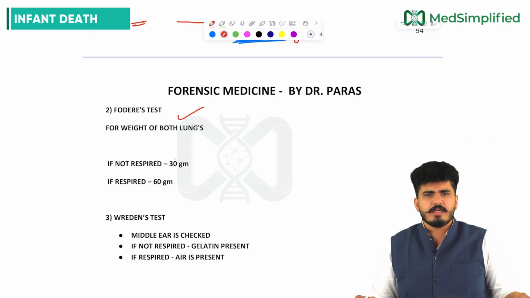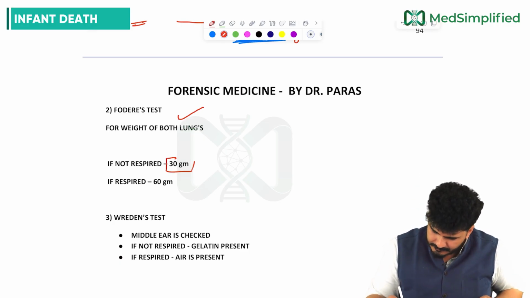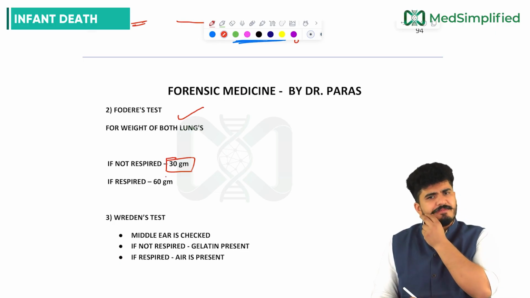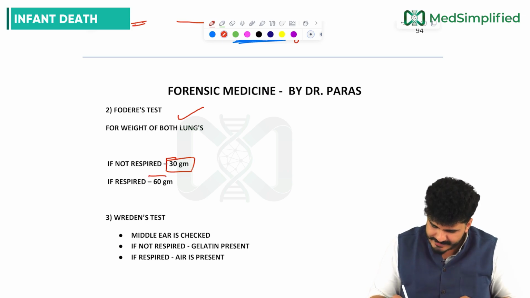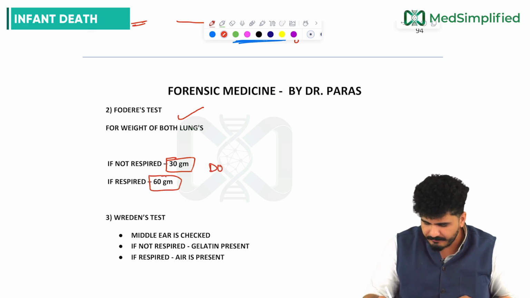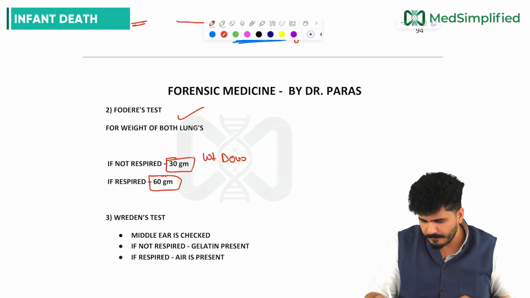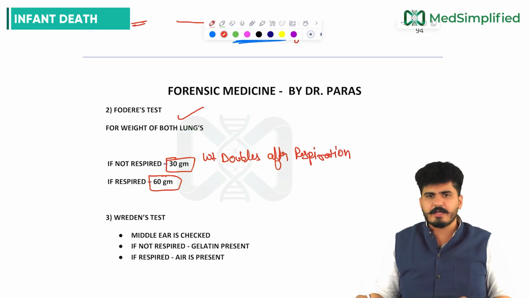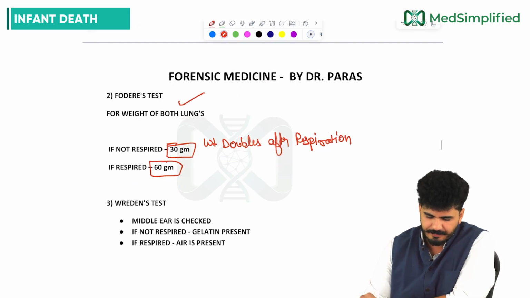If not respired, the weight is 30 gram, and if respired, the weight would be 60 gram. Just double. The weight doubles after respiration. 30 gram, then 60 gram it will become.